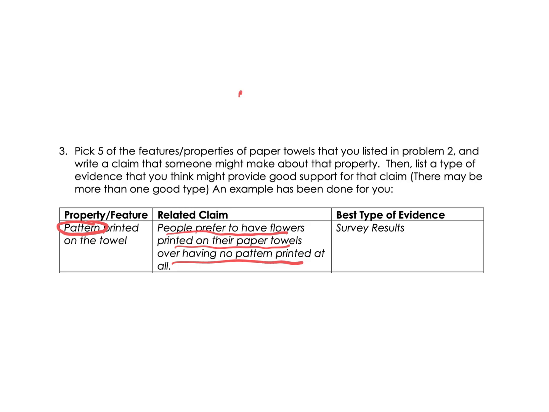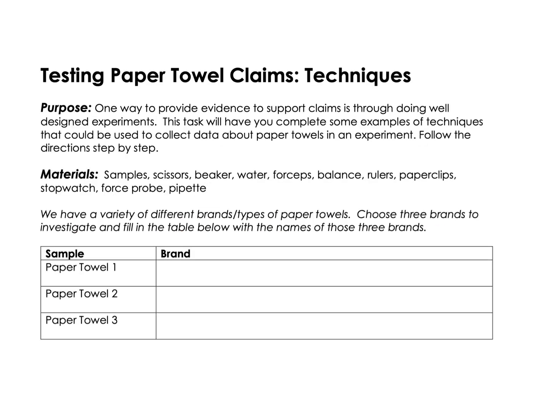Well, if you wanted to find out if people prefer something, probably the best thing to do would be either interviews or surveys. So we're going to go ahead and put survey results here as our best type of evidence. In the lab, people then went ahead and worked in groups to find other properties, claims, and evidence that go along with them. So you can do that.